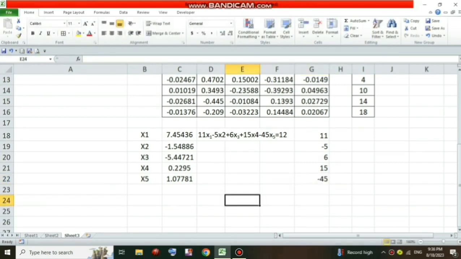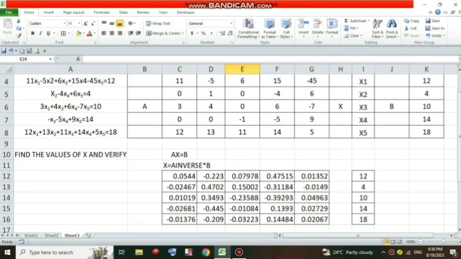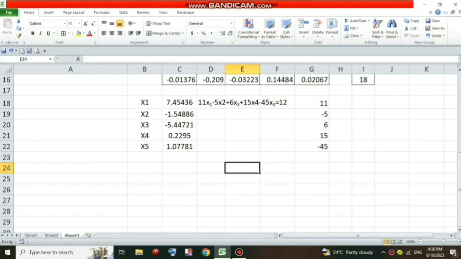So let's verify whether the values we have got for x1, x2, x3, x4, x5 are correct or not. I have considered the first equation, 11x1 minus 5x2 plus 6x3 plus 15x4 minus 45x5 equal to 12. Let me type the coefficients here: 11, minus 5, 6, 15 and minus 45, and select them.